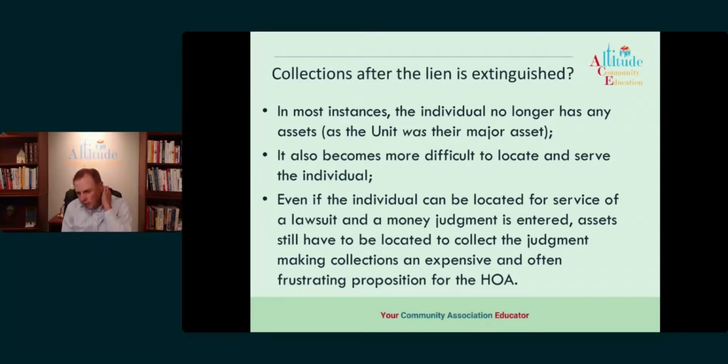If there's no mortgage on the home, does that make it easier to get the HOA money that is due? So yeah, two things that are good for an association to see. One, if there's no mortgage on the home, that's great because typically the home's going to be worth substantially more than what the association is owed. So that owner has lots of different options. They might refinance the property.